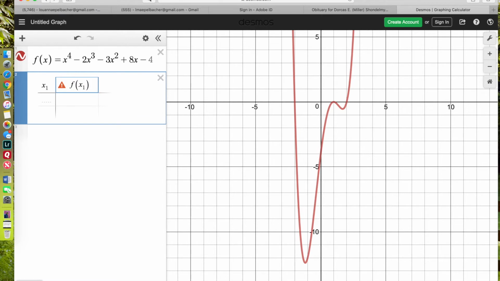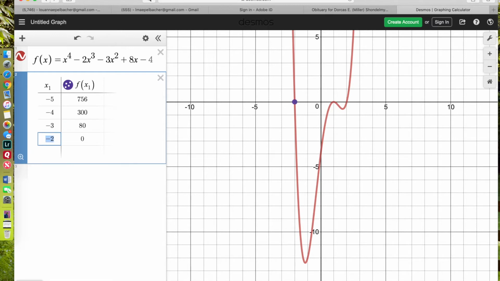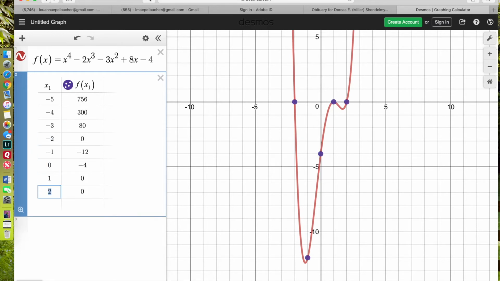And if you just type x and then 1, Desmos automatically assumes that you mean a subscript, and so it drops it down. The other thing that might be helpful is that if you just start typing -5, enter, -4, enter, if you just keep hitting enter, then after you've established a pattern, Desmos will assume your x values continue in that same pattern.